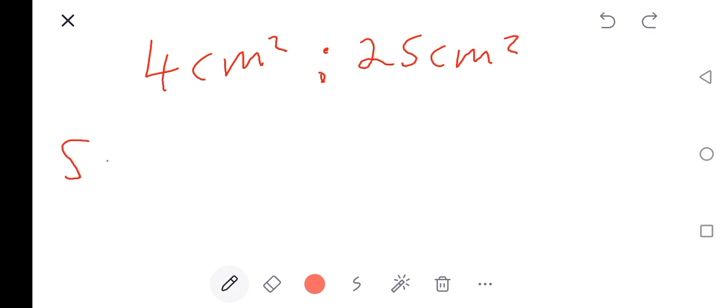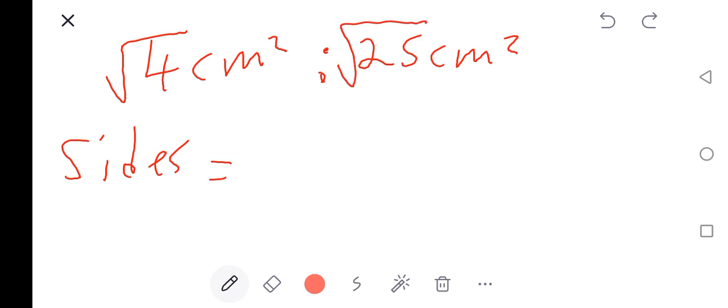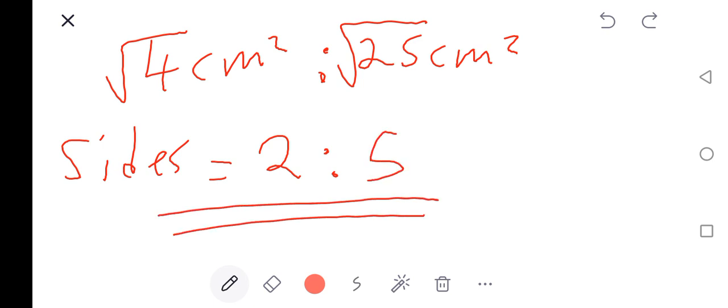How are you going to find the sides? You square root. What is the square root of 4? 2. What is the square root of 25? 5. Meaning those are the sides that you have found.